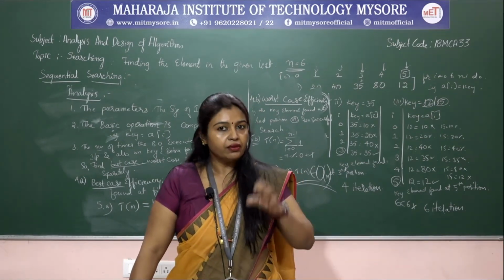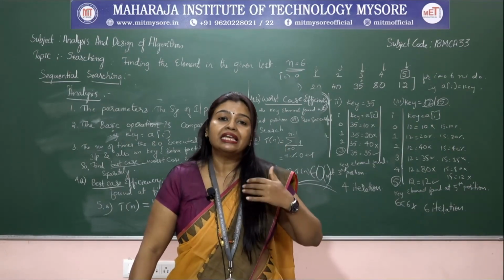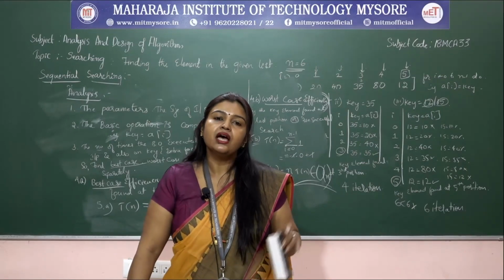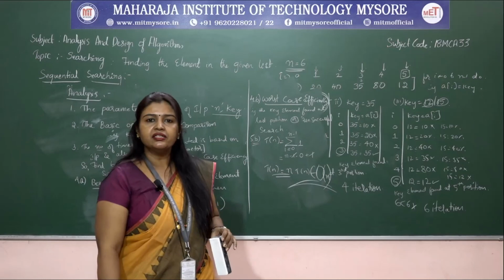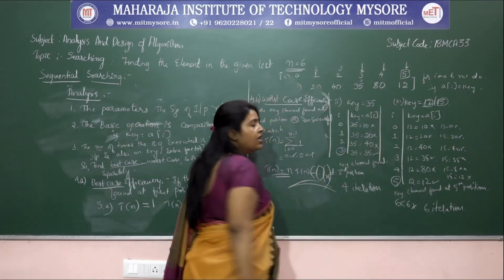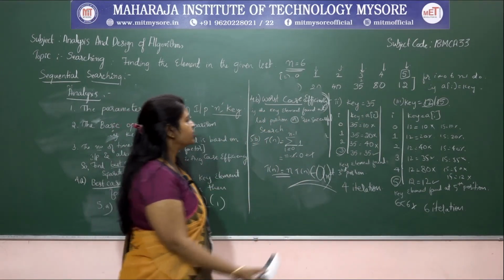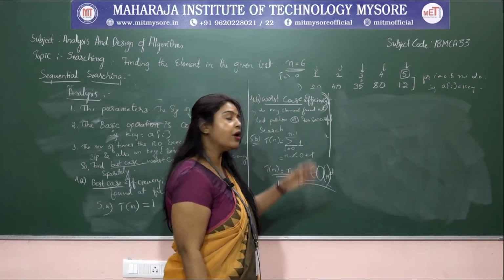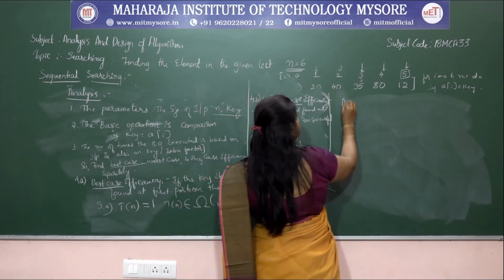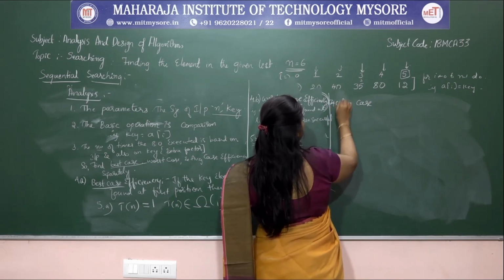That means for given n inputs, your basic operation is going to be executed n times. So that is the worst case efficiency of this algorithm. Then what is the average case? If the key element is found in between the first position and the last position, that is the average case. 4c.